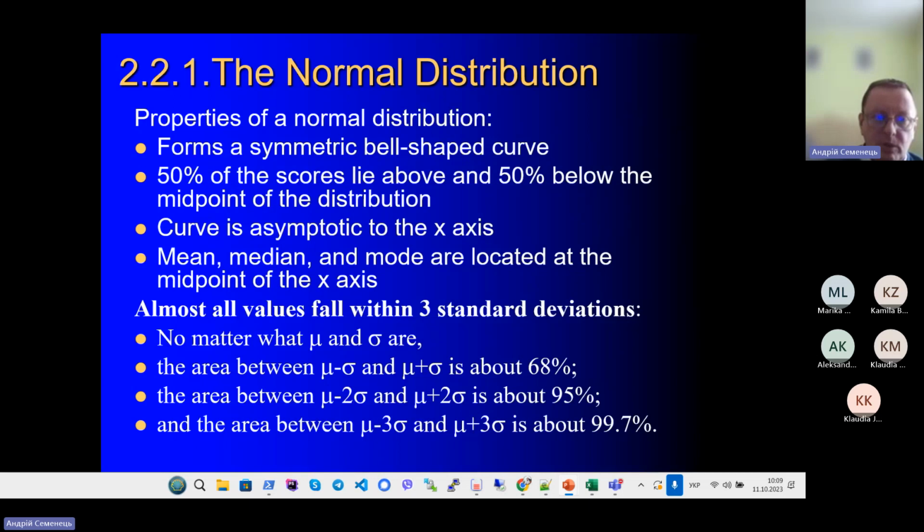Features of normal distributions: symmetric and bell-shaped curve, half of scores above and half below the midpoint, curve asymptotic to the x-axis but never crossing it, mean, median, mode located at the midpoint. And we have the 3 sigma rule, which talks about how we can make an assessment of exact normal distribution for a population. The 3 sigma rule is applied for population distribution, not for sample distribution.